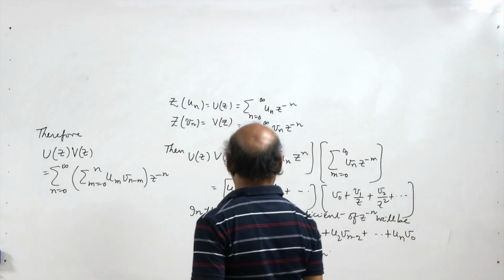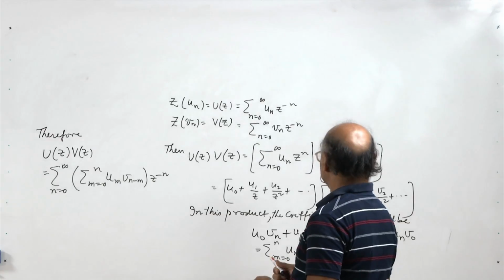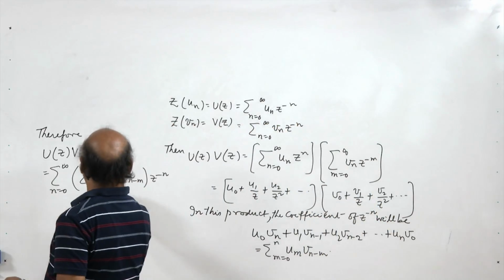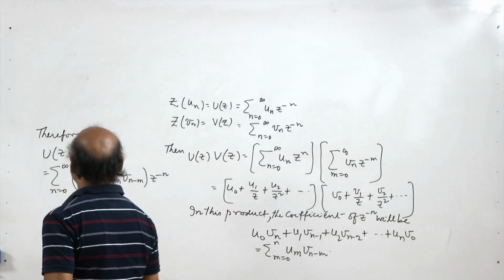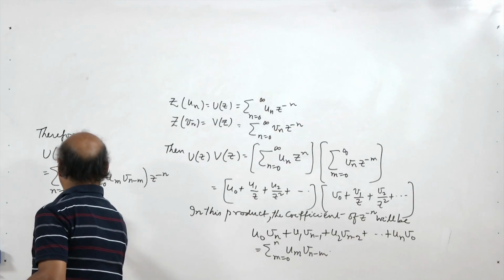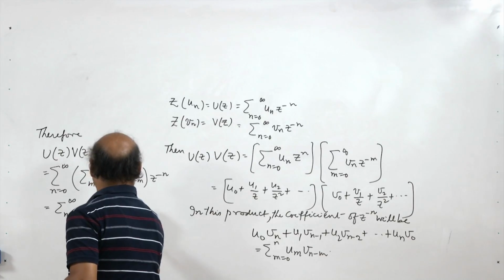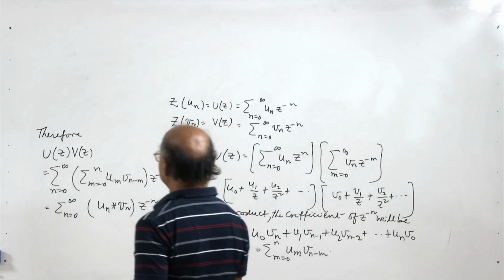So, the coefficient of z to the power minus n is this sum, and by our definition this sum actually denotes the convolution of the sequences u_n and v_n.